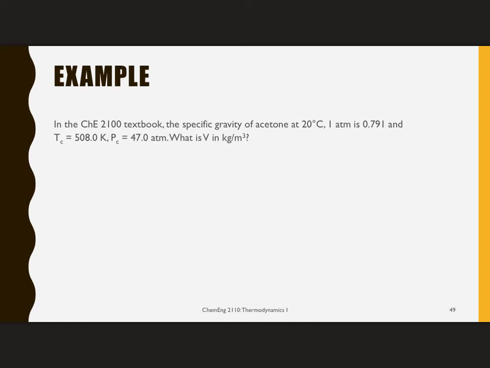Based on this, can you find the volume in cubic meters per kilogram? TR is 20 plus 273 divided by TC, which is 508, so TR is 0.5771, and PR is 1 atmosphere divided by 47, so 0.0213.